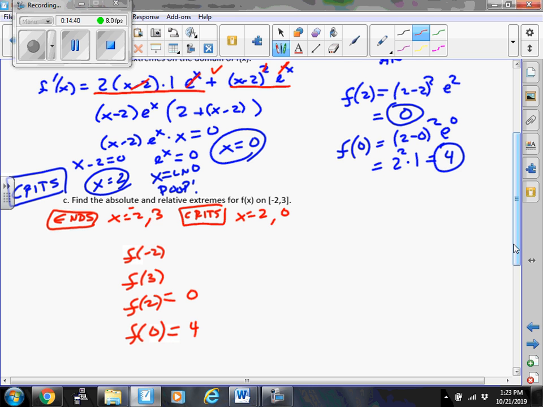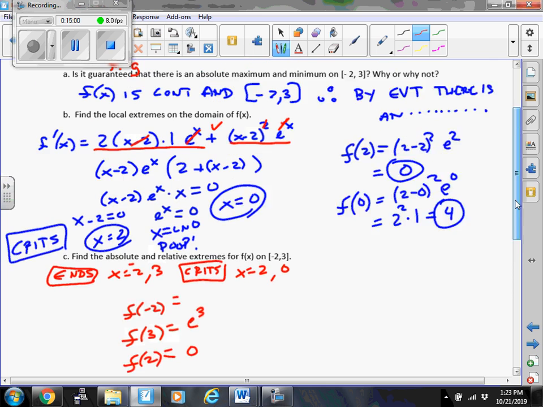f(3), if you evaluate that quickly in your head, you're going to get e to the 3. I don't know what that is, but it's a little less than 27, so like 25, because remember, e is 2.72. Now I plug in -2. I get, I don't know. What do I look like, a magic man?